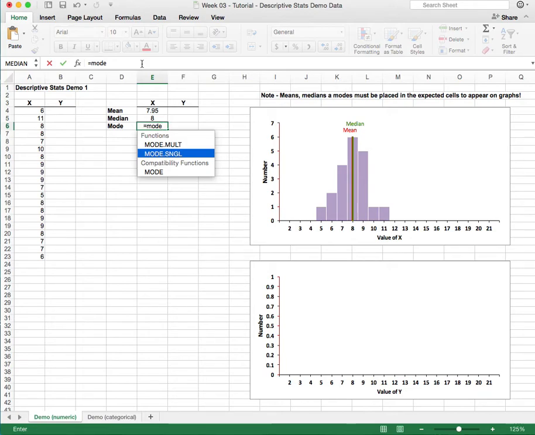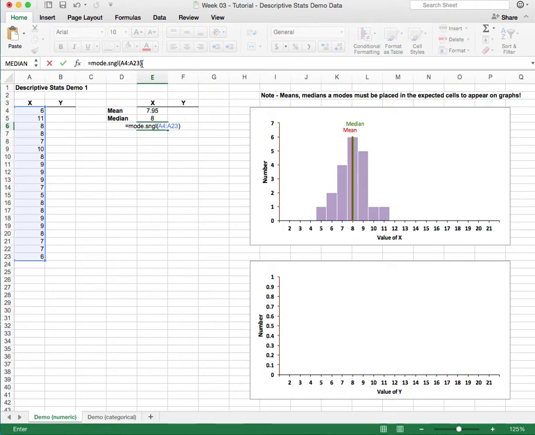I'm going to avoid using multi, though, because these data only have a single mode, and also you have to be using what's called an array formula, and that's a bit more complicated than I want to get into today.